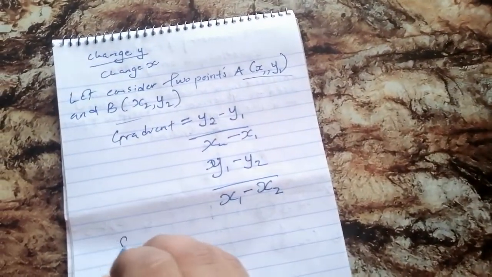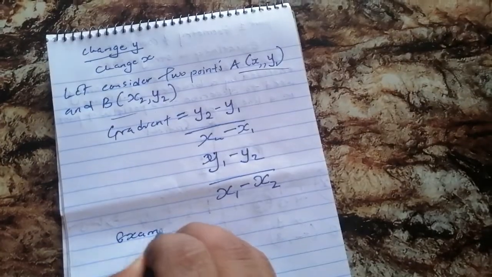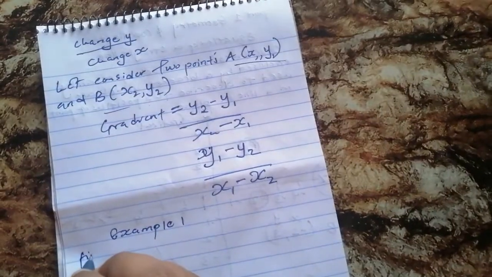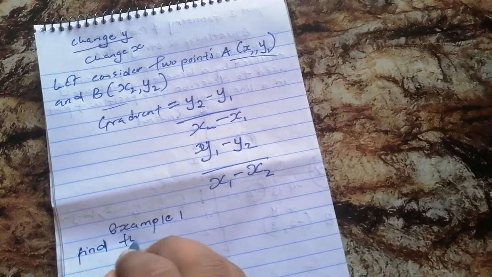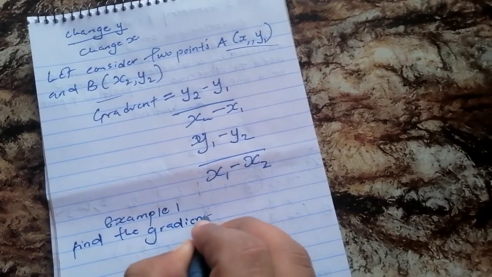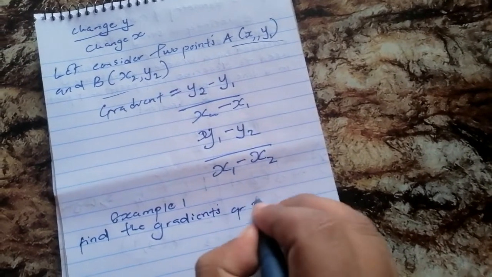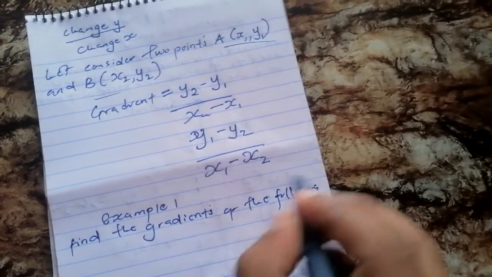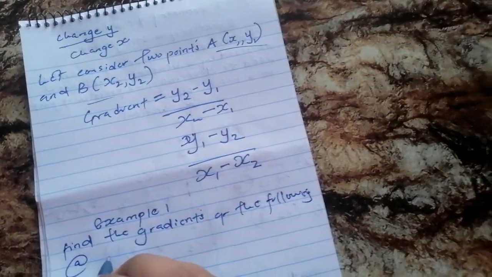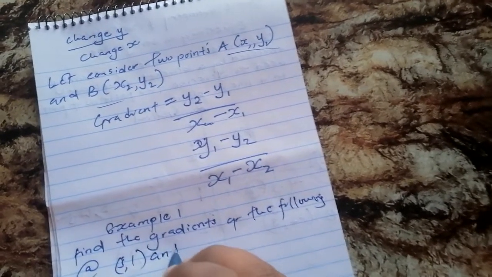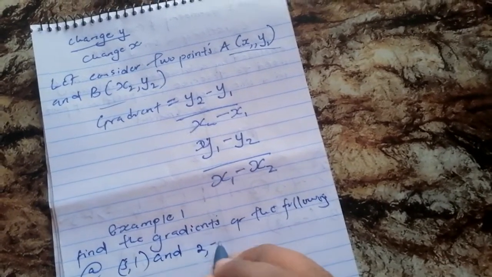Example 1. We are told to find the gradients of the following points. For A, we have (5, 1) and (2, -2).